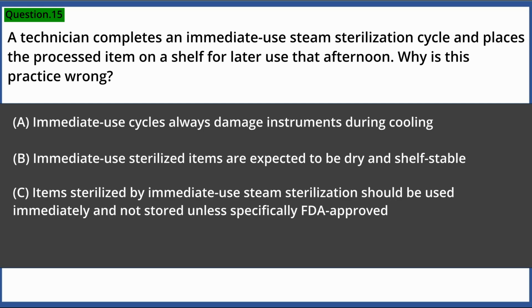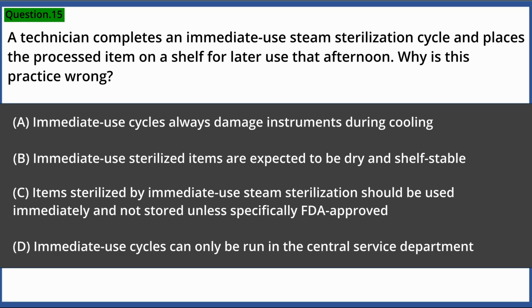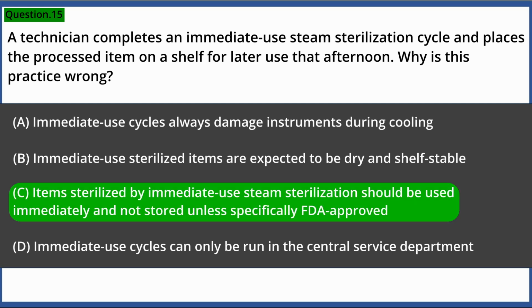C. Items sterilized by immediate-use steam sterilization should be used immediately and not stored unless specifically FDA approved. D. Immediate-use cycles can only be run in the central service department. Answer: C. Items sterilized by immediate-use steam sterilization should be used immediately and not stored unless specifically FDA approved.